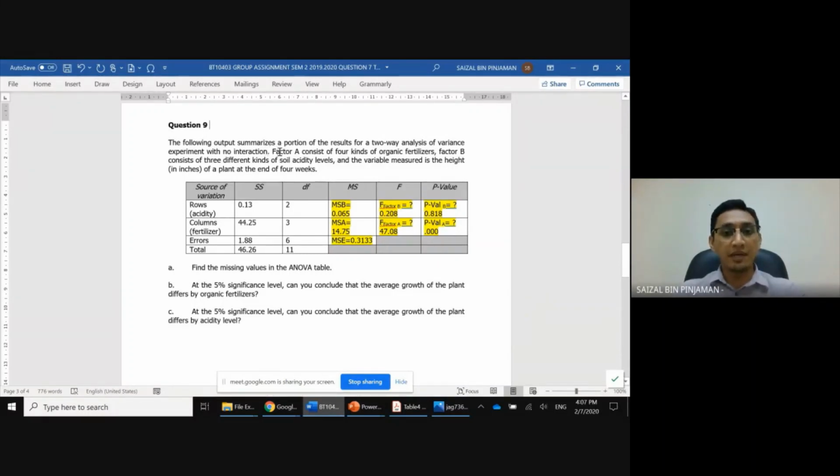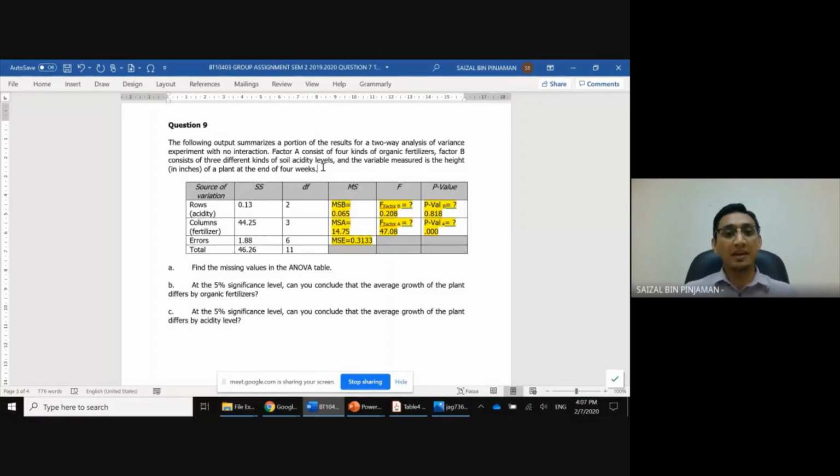So factor A consists of 4 kinds of organic fertilizer. Factor B consists of 3 different kinds of soil acidity levels. And the variable measured is the height in inches of a plant at the end of 4 weeks. So in the analysis of variance, we want to determine whether a certain factor can contribute to a certain result. In this case, the result is the height of our plant.